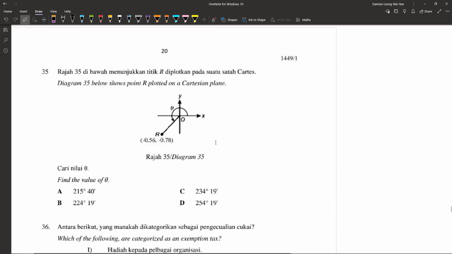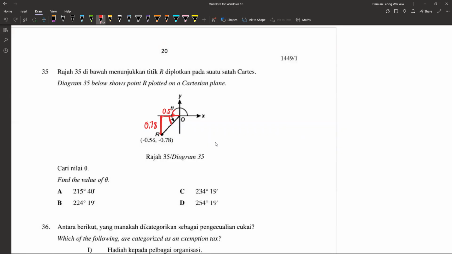Then 35. I have point R plotted on the Cartesian plane. Find the value of theta. First, we find this angle. Basically here is 0.78, here is 0.56, following the X and Y values.